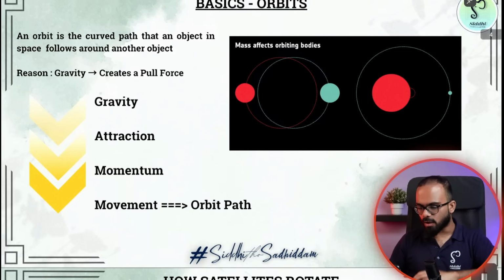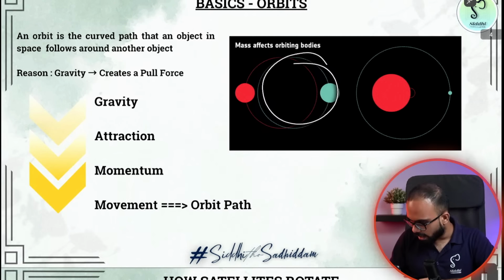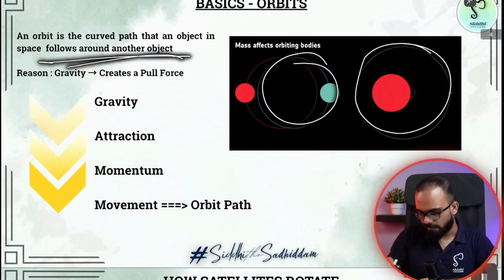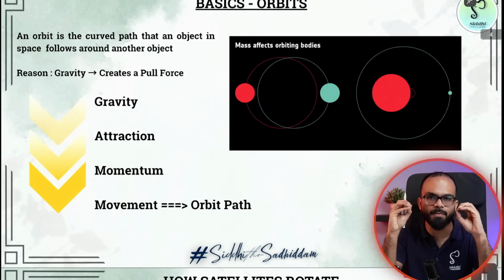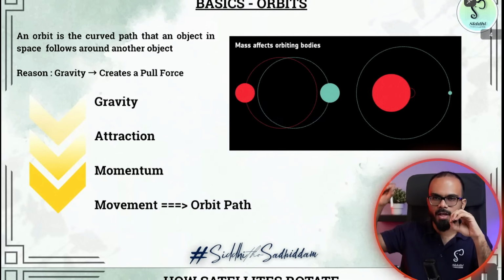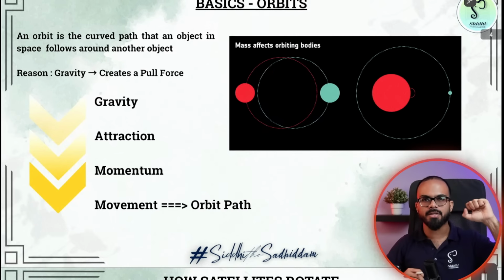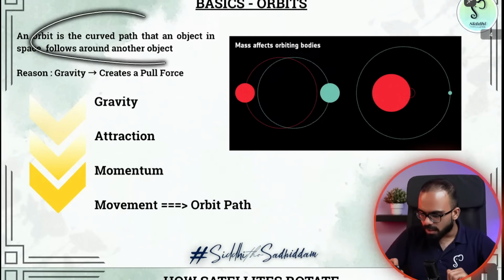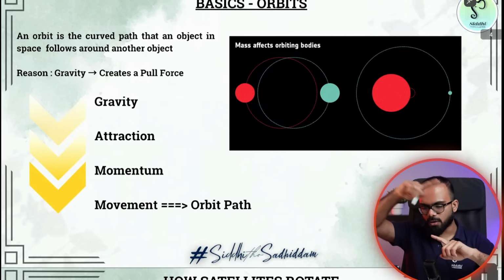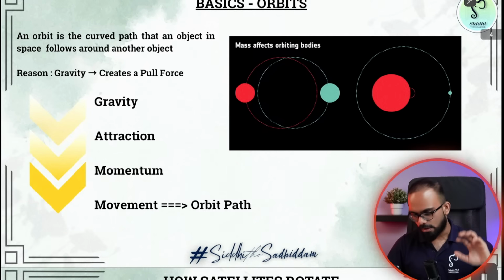The path along which any body is rotating is called an orbit. Orbit is the basic word that we have to study in space science. Various satellites are launched into different orbits. So the first thing we need to understand is all about orbits, and an orbit is a curved path around which the bodies will continue to revolve.